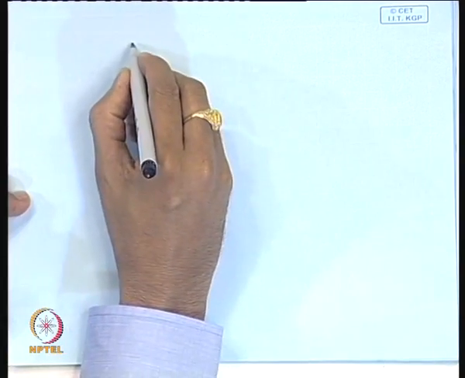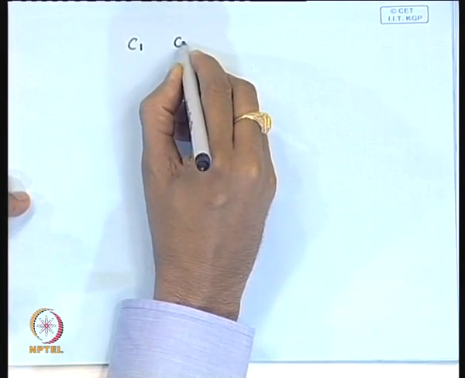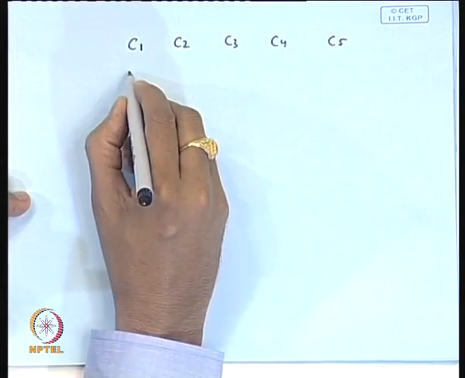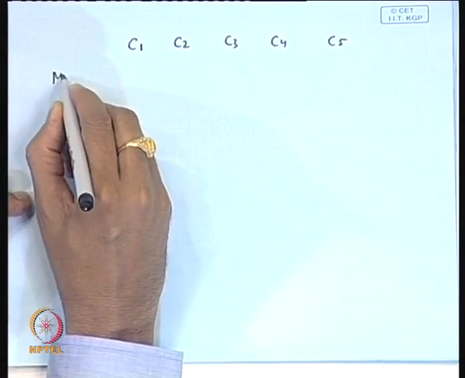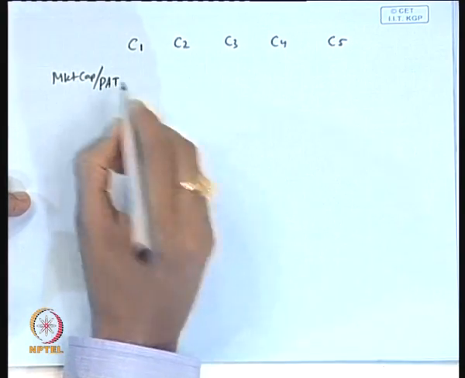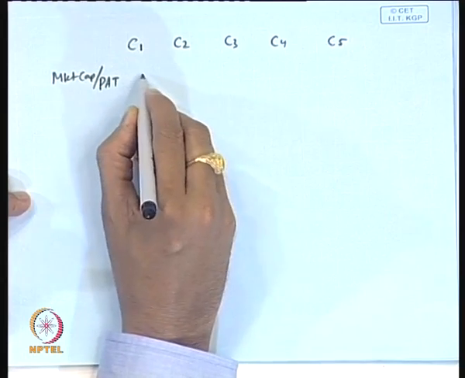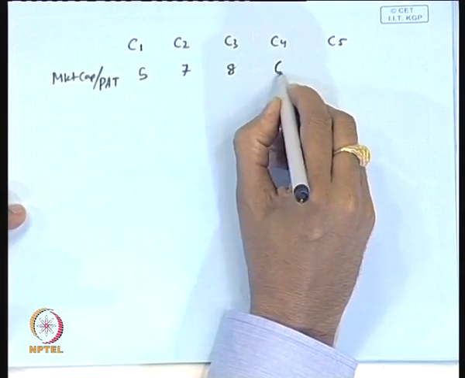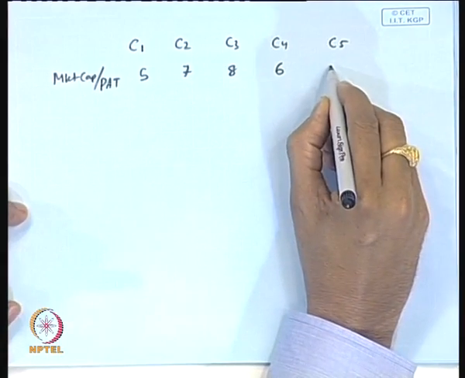We have, let us say, comparable companies C1, C2, C3, C4, C5. Like that we have the market capitalization by net income or profit after tax. We have certain figures, let us say 5, 7, 8, 6 and let us say 9.